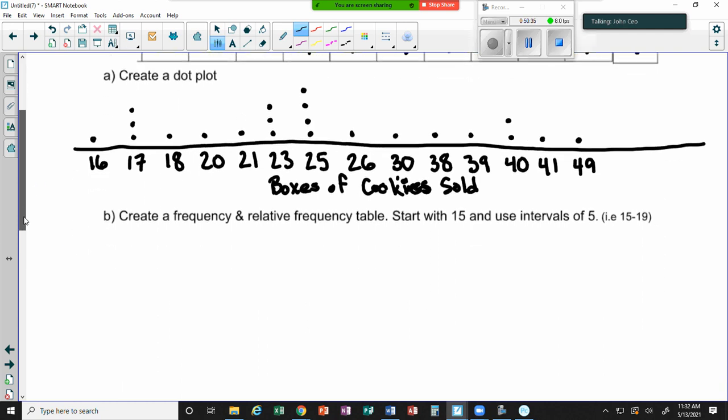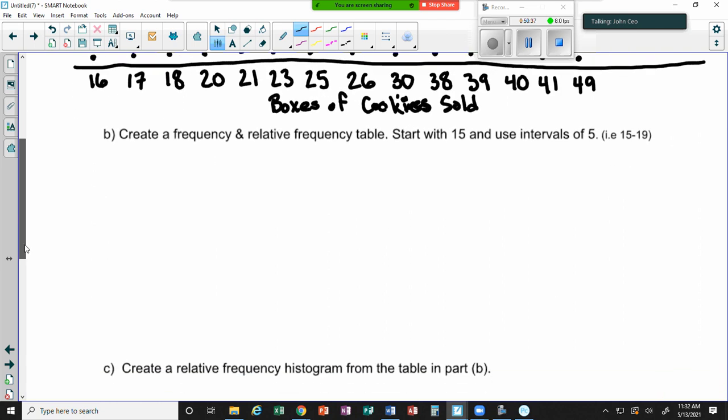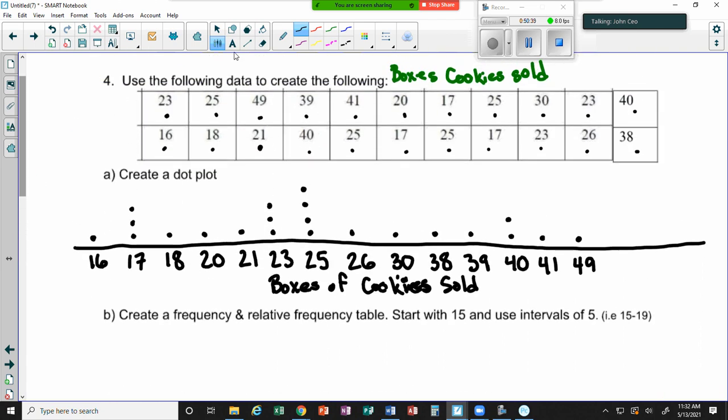All right. Create a frequency and relative frequency table. So, I need intervals. Start with 15 and use intervals of 5.